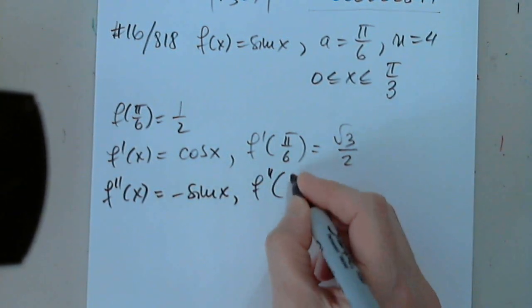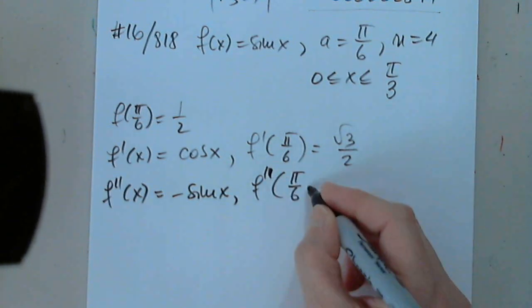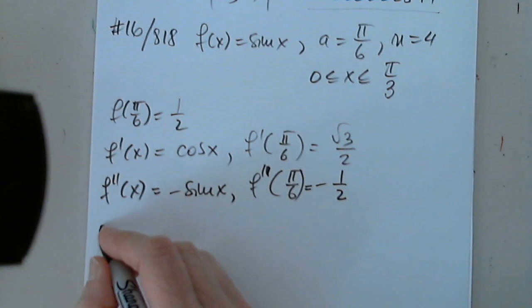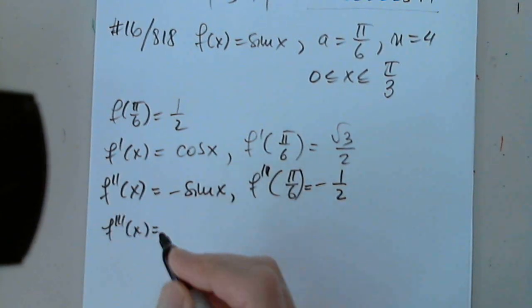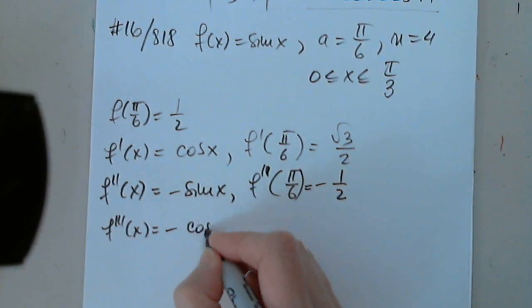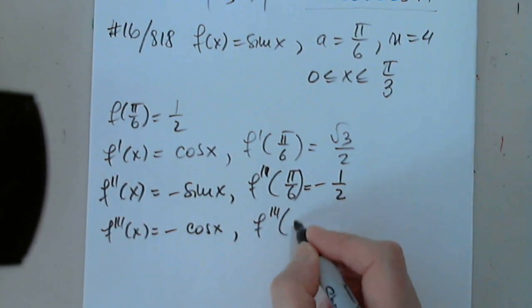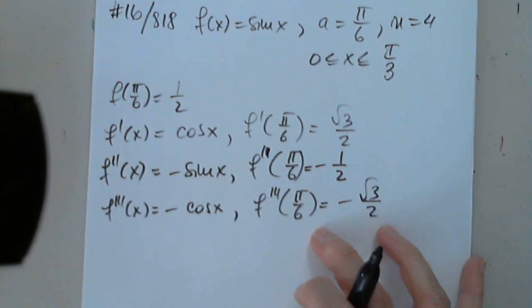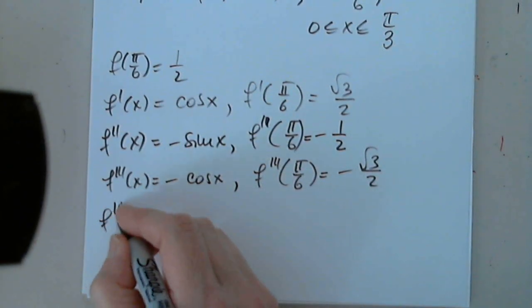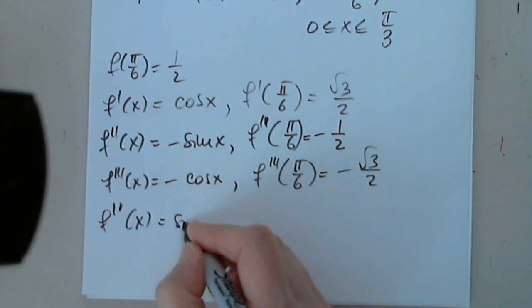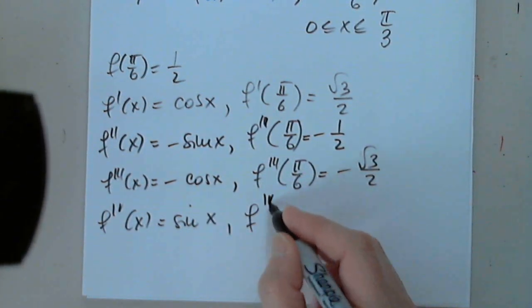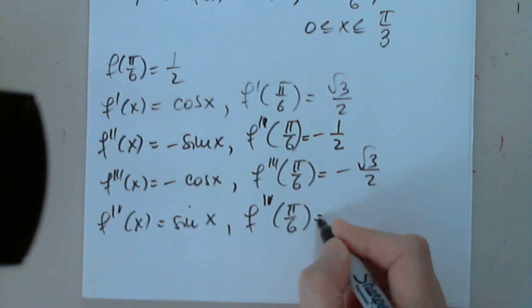So then the second derivative at pi over 6 will be negative 1/2. The third derivative is negative cosine x. And the third derivative at pi over 6 will be negative the square root of 3 over 2. Now the fourth derivative is sine x. And the fourth derivative at pi over 6 is 1/2.